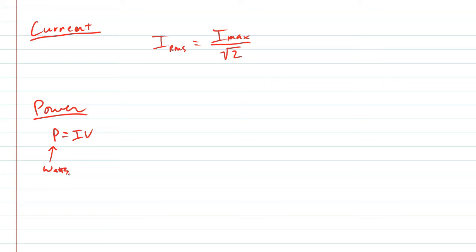Now, if current is the same as V over R, and let's say I multiplied both sides by V, well, then this side would be power, and this side would be V squared all over R.